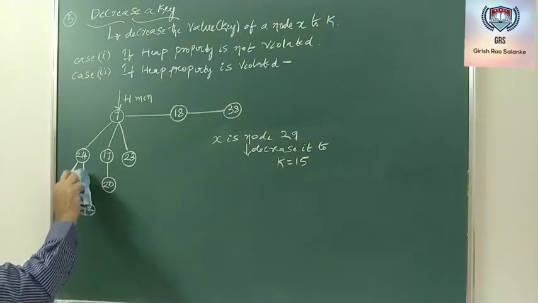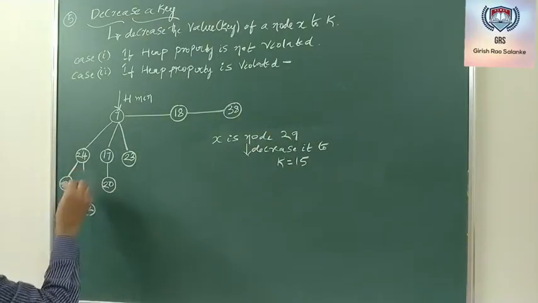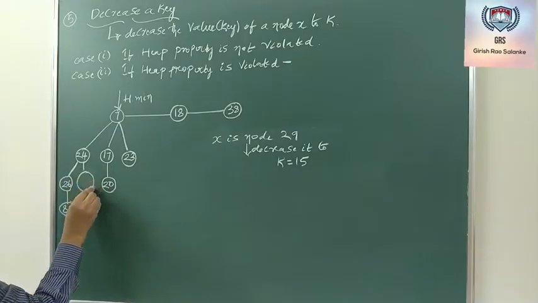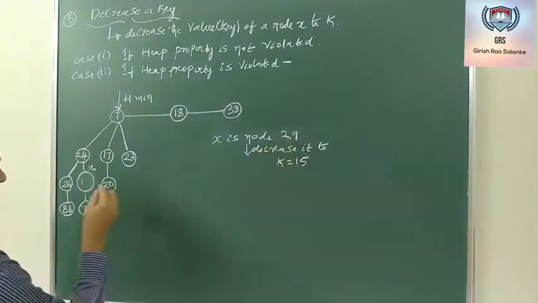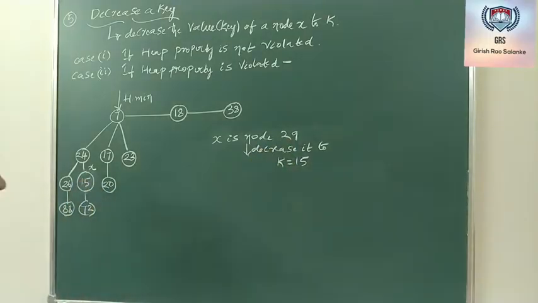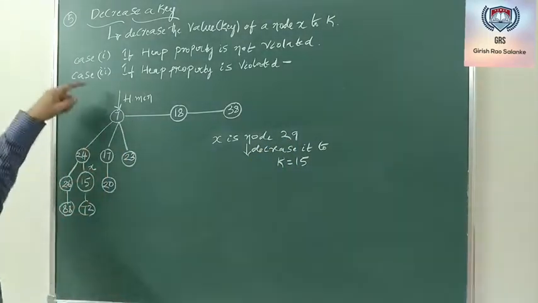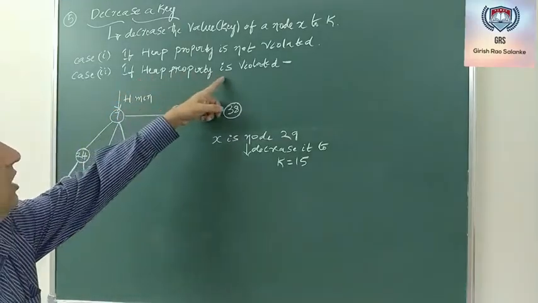So this was X, wherein 29 was there. Now it is being reduced to 15. Now check what happens. It comes under case 2. The heap property is violated.